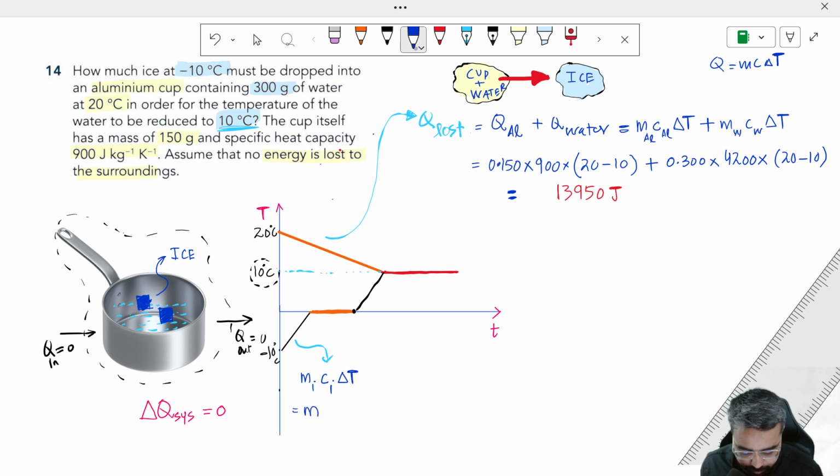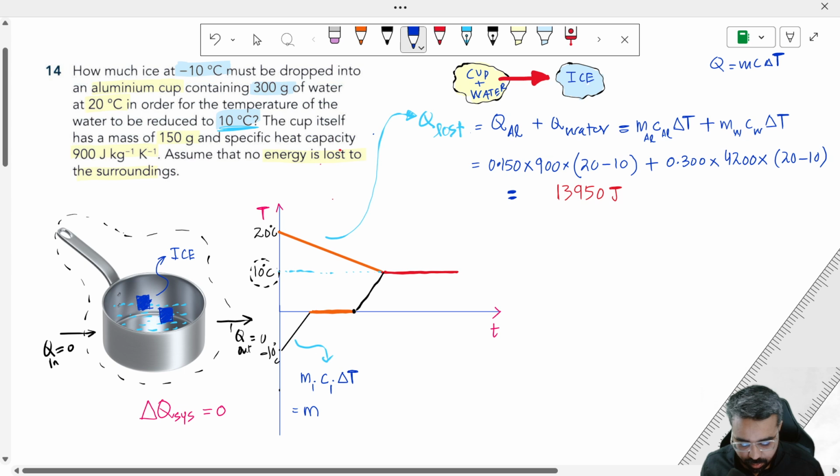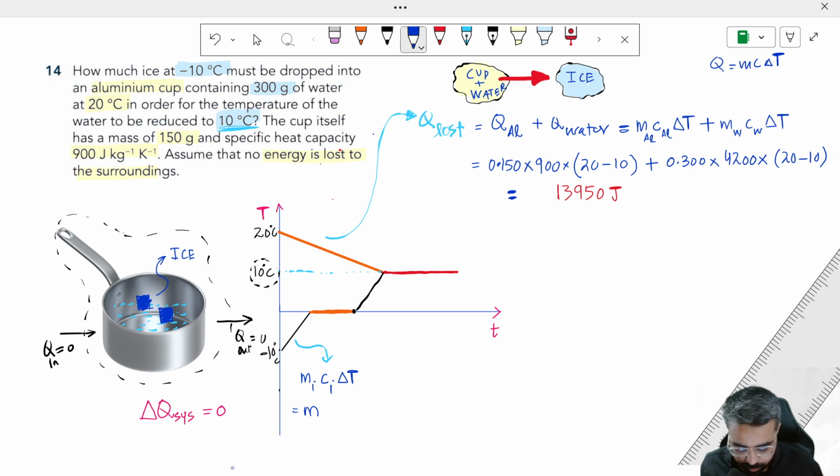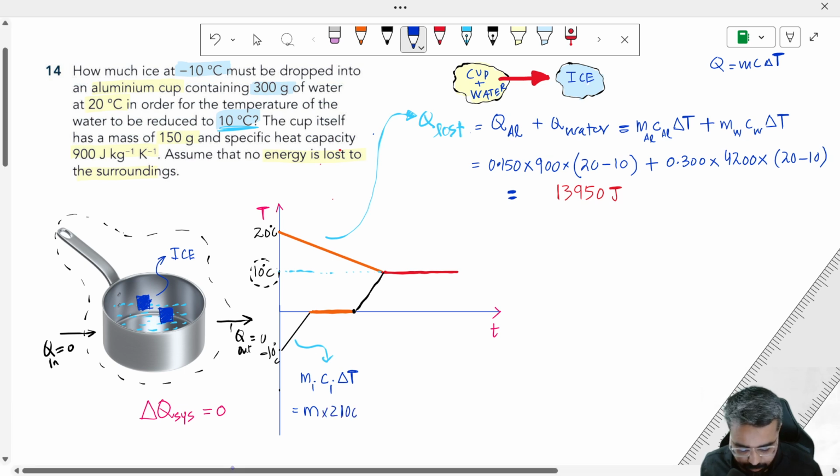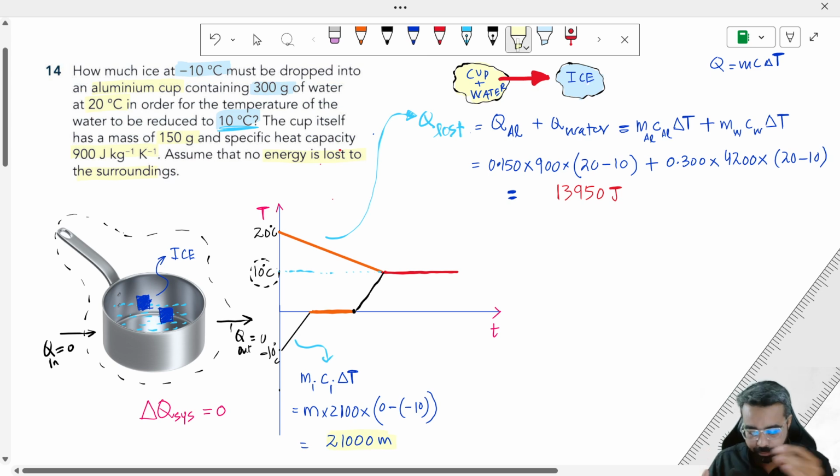The specific heat capacity of ice is 2100, times the change of temperature, final minus initial, so 0 minus -10. So we can see that it is basically 21,000 m. So once again, this is the heat that the ice has gained to increase its temperature from -10 to 0.